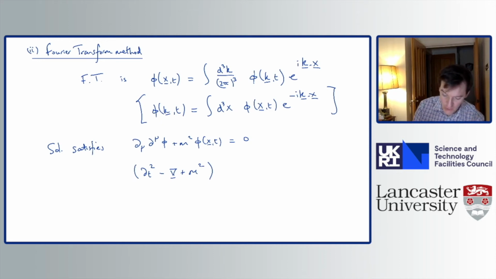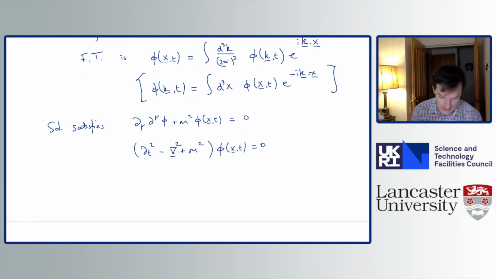I'm writing the d mu squared as dt squared minus the spatial derivative squared acting on my field. The reason I want to do that is because in this Fourier transform, the exponent only contains the spatial coordinates, not the time coordinate.